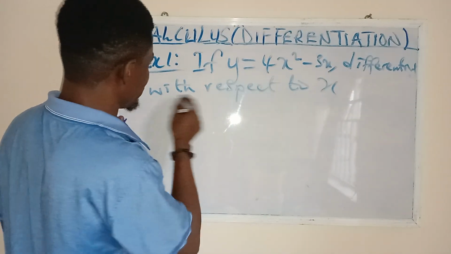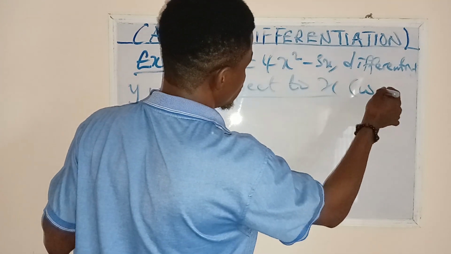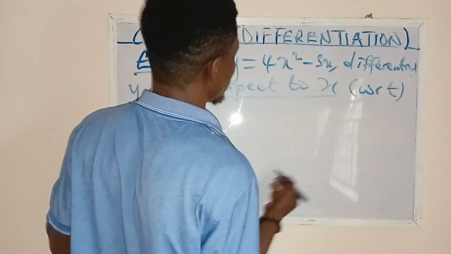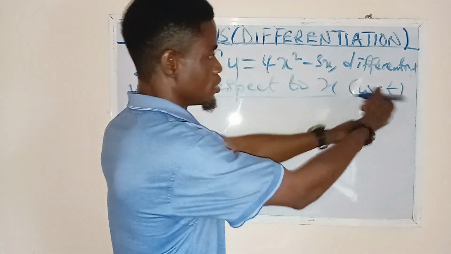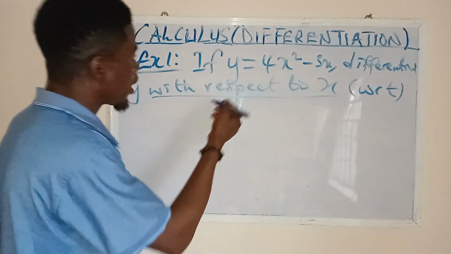Sometimes this phrase can be written as WRT. It's not all students that understand this, so it can be written as WRT. So how do we differentiate this?